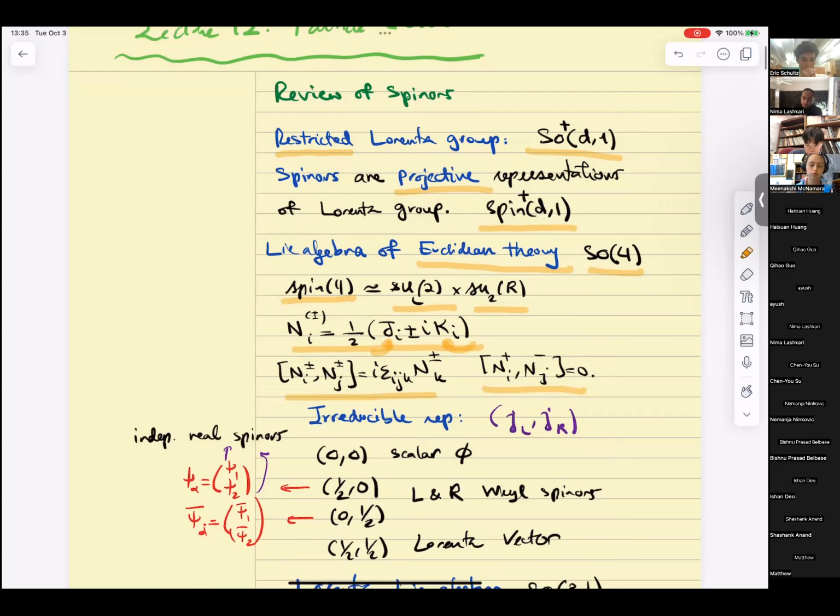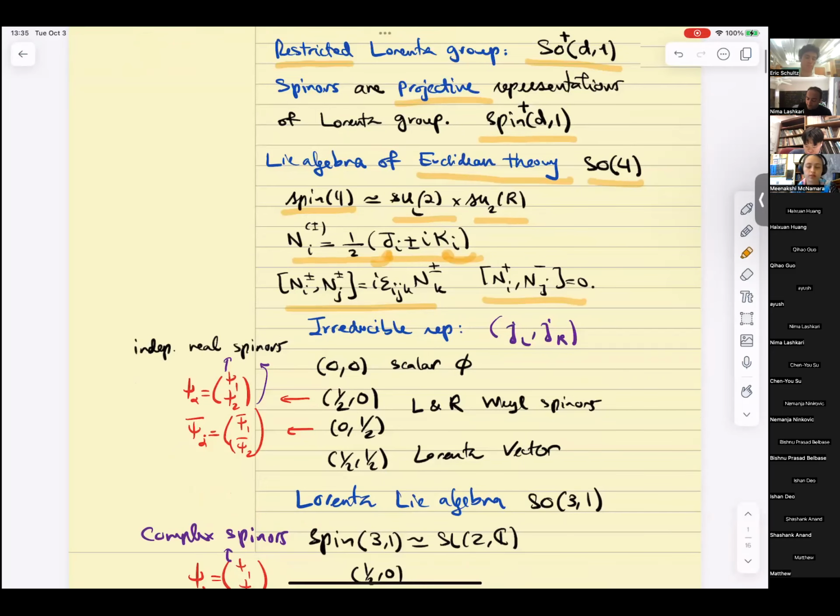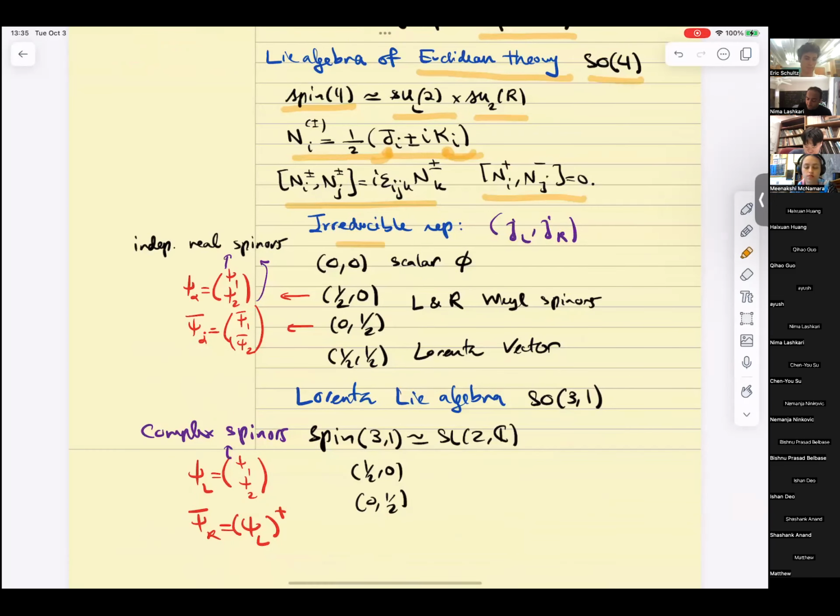All right. Then we said, because we're interested in irreducible representations, this representation theory is very familiar to you already, because it's SU(2), so there are J left and J right. Each J is a spin index, right? And you're going to have a whole bunch of representations. The simplest one is (0,0).